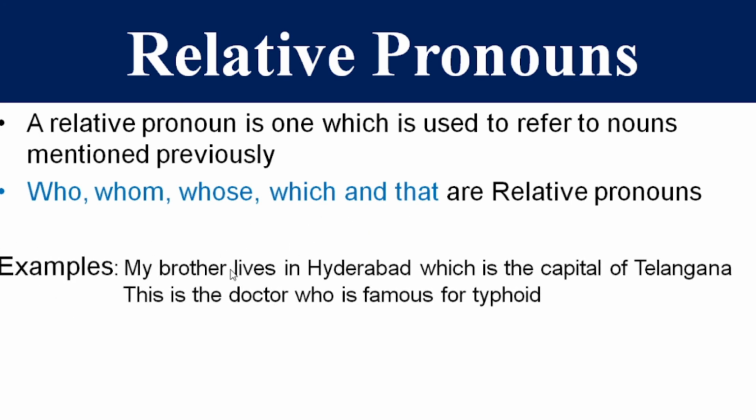Examples: my brother lives in Hyderabad, which is the capital of Telangana state. So here we want to show the relation between the place where he is living and who he is. So my brother, and he lives in Hyderabad. So which provides the relation between the first sentence and the next one.